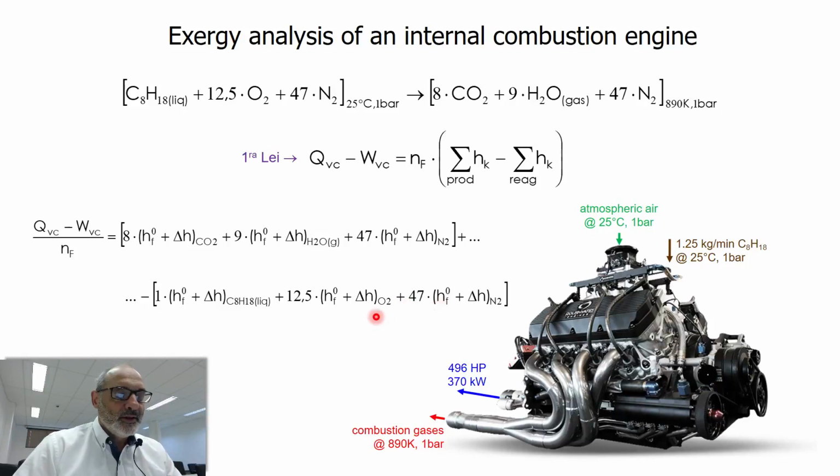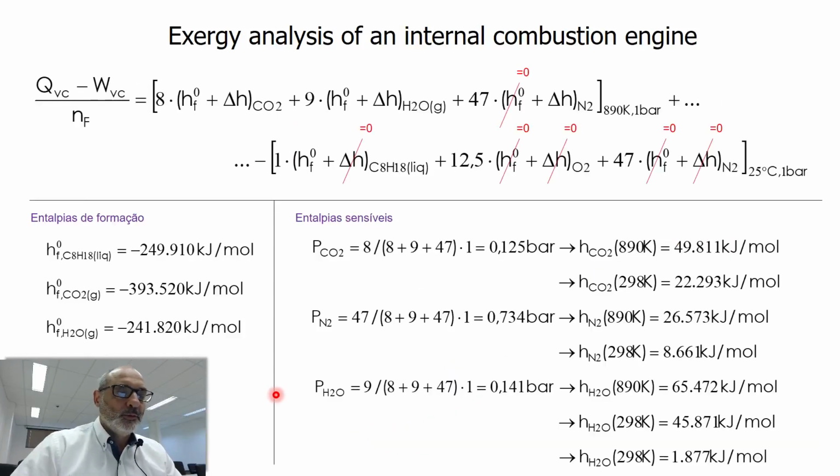Minus the other side, the reagents side. This is the fuel's enthalpy, 1 refers to this number 1 here. 12.5, this is O2's enthalpy, so 12.5 refers to this number, and 47. When we cancel out all terms that are 0, we replace this charted data here.